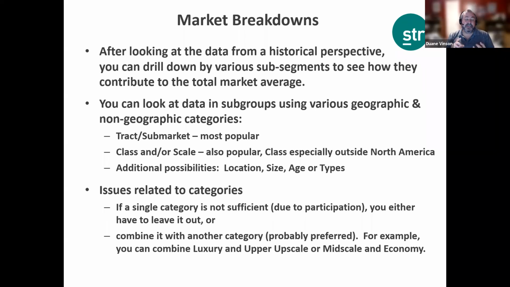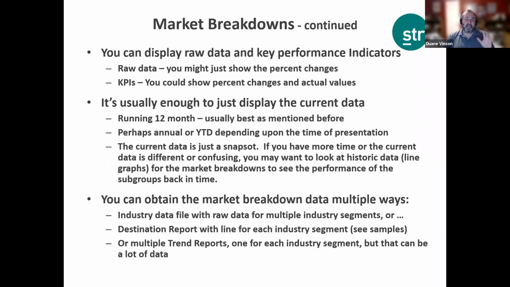You could look at information or data by location types, by size groupings, by ages of hotels, other types or categories you could use. There are a few in this, though, that we want to be sure we include. All right. You can display both the raw data and the key performance indicators, the actuals again, and the percent changes.